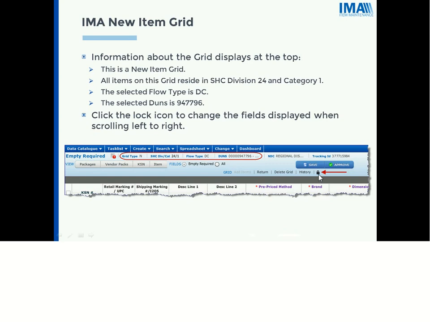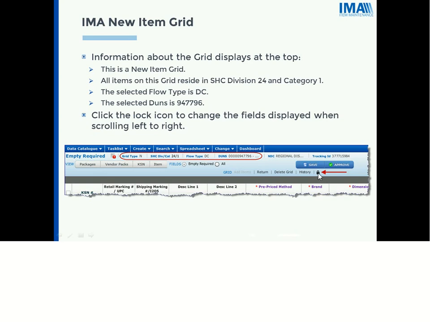Now you can also lock your screen on the left side. So if you have a smaller screen that you're working with, you may find it beneficial to unlock your screen by clicking this lock. And what that does is it allows the entire screen from KSN all the way over to scroll left to right.